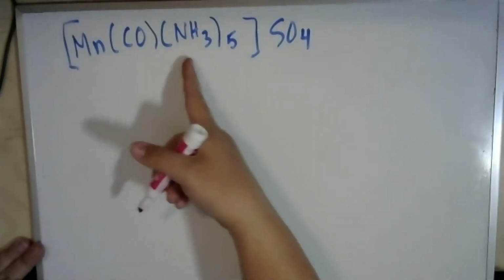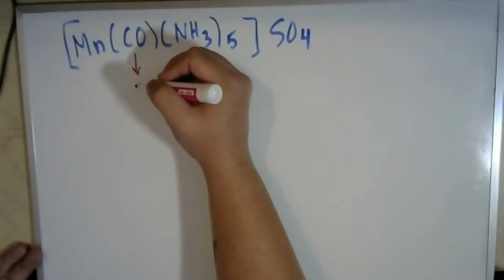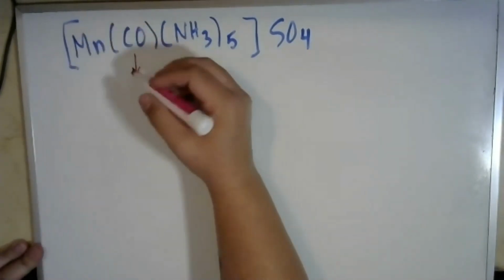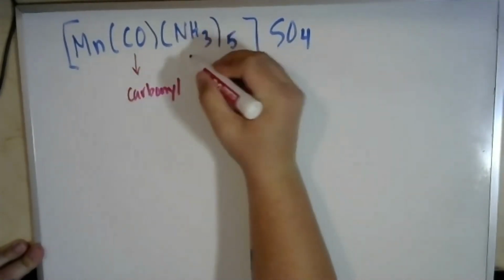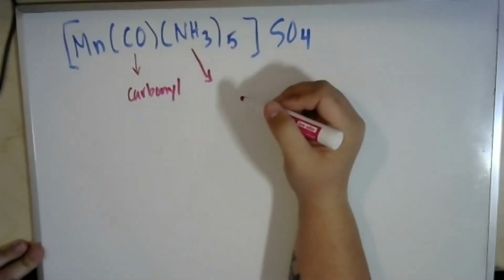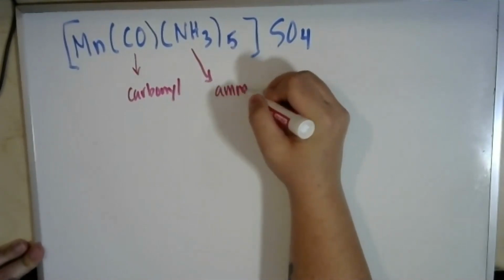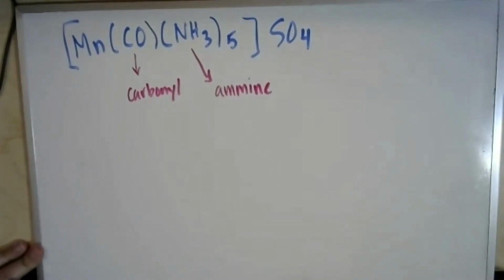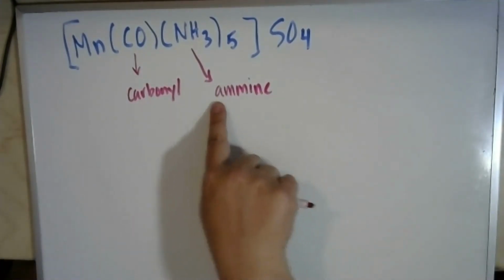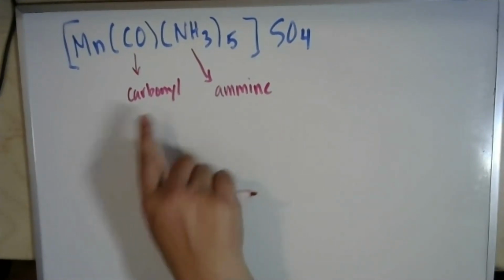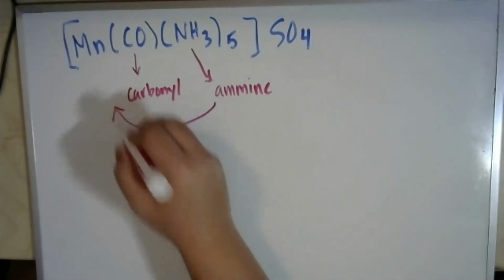I like naming the ligands first though. So we can pull out that CO. We know that the name for that is going to be carbonyl. We know that the name for the ammonia is going to be ammine with 2 M's. Okay, so when we're putting these in alphabetical order, we know that the ammine is going to have to go before the carbonyl, right? So we can put a little arrow there.